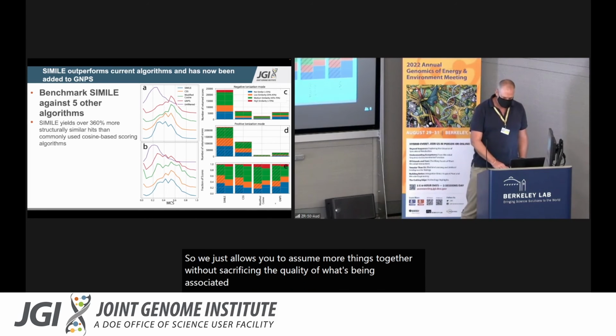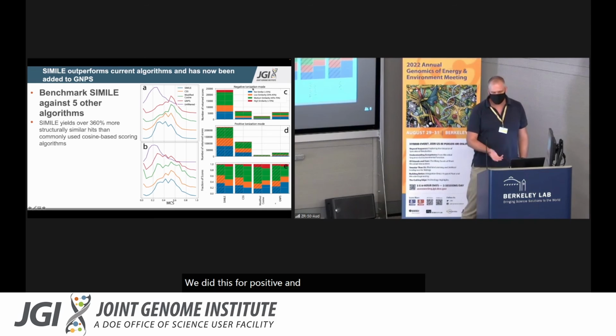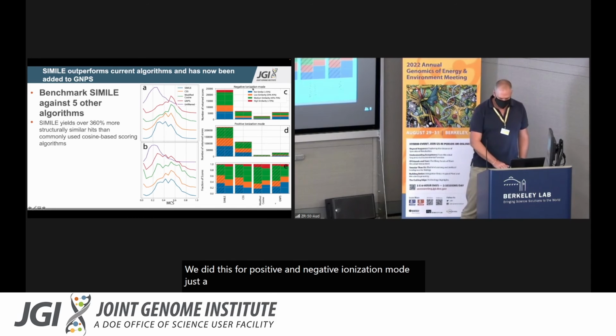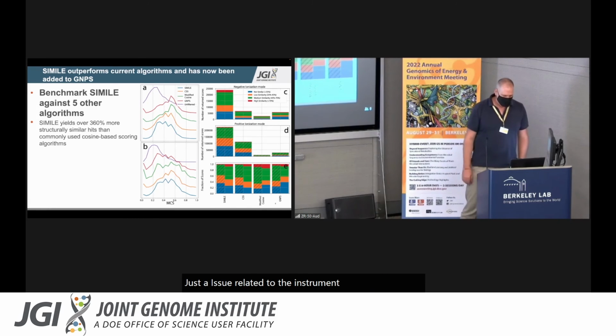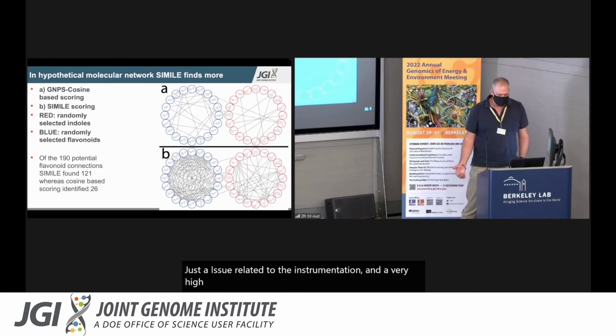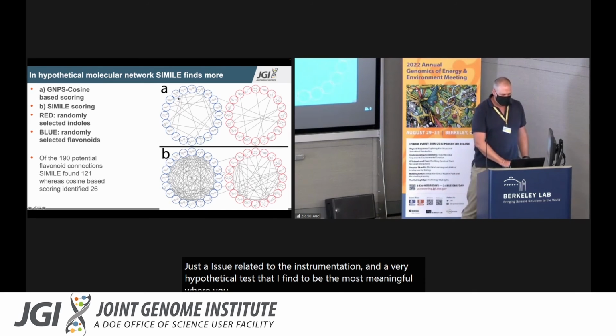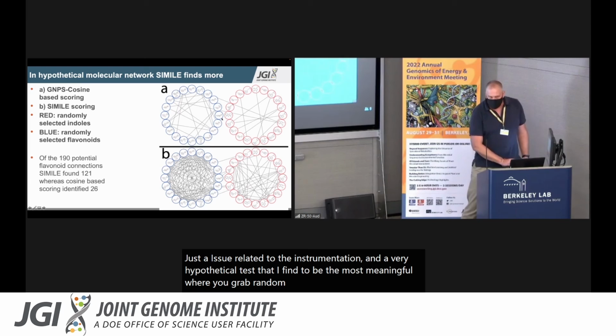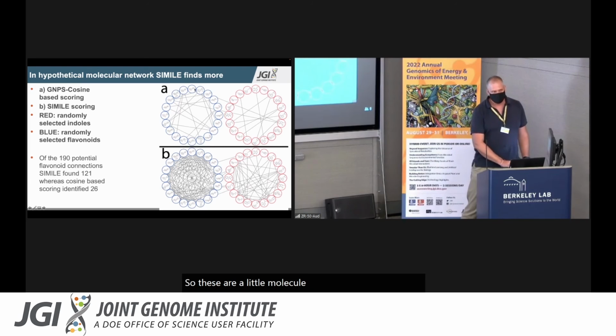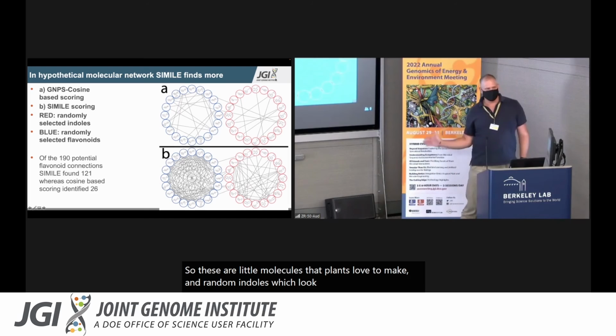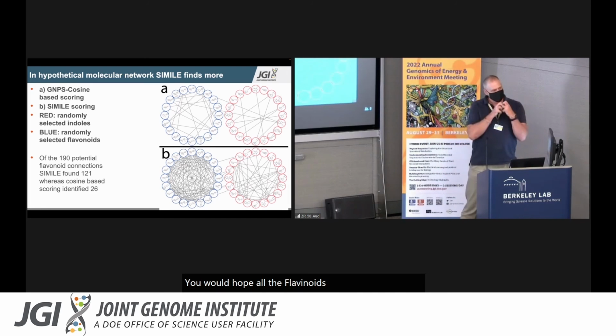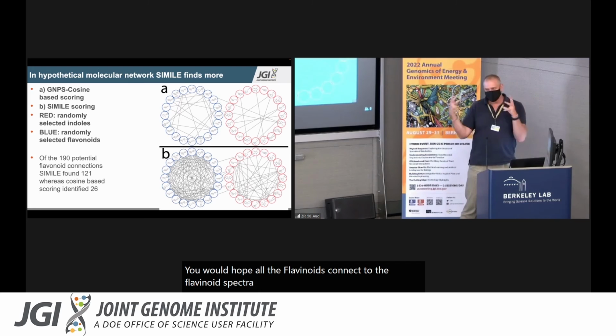We did this for positive and negative ionization mode, which is an issue related to the instrumentation. And a very hypothetical test that I find to be the most meaningful, where you grab random flavonoids. So these are little molecules that plants love to make, and random indoles, which look nothing like flavonoids. You would hope all the flavonoids connect to the flavonoid spectra, and all the indole spectra connect to all the indole spectra.